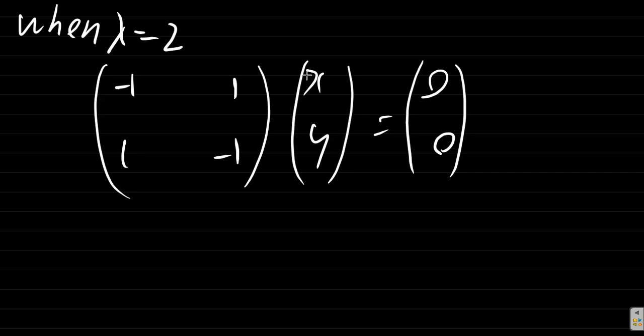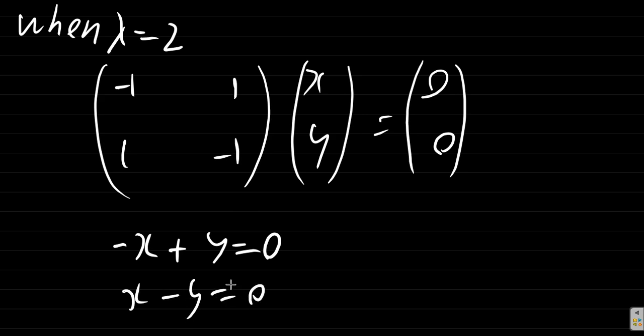Let's multiply. Negative 1 times x is going to be negative x plus y equals 0. And if you work this one out, 1x minus y is equal to 0. If you multiply throughout by a negative 1 in this equation here, you get negative x plus y equals 0. So it's the same thing.